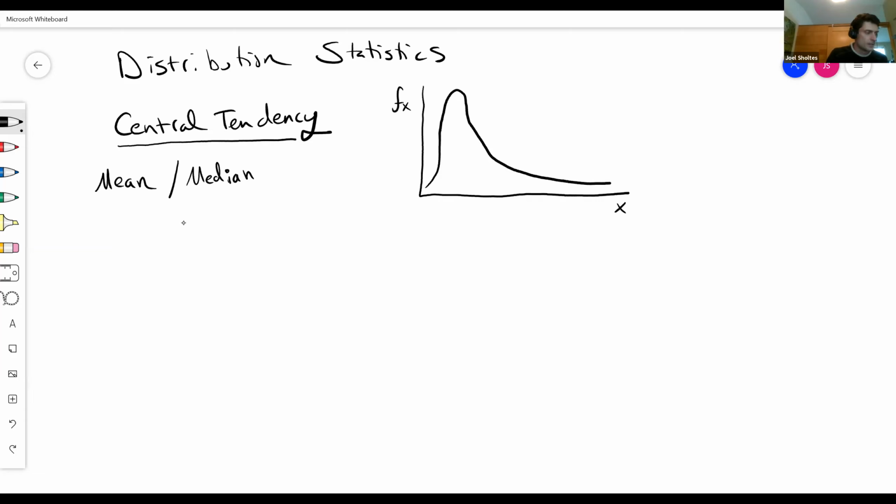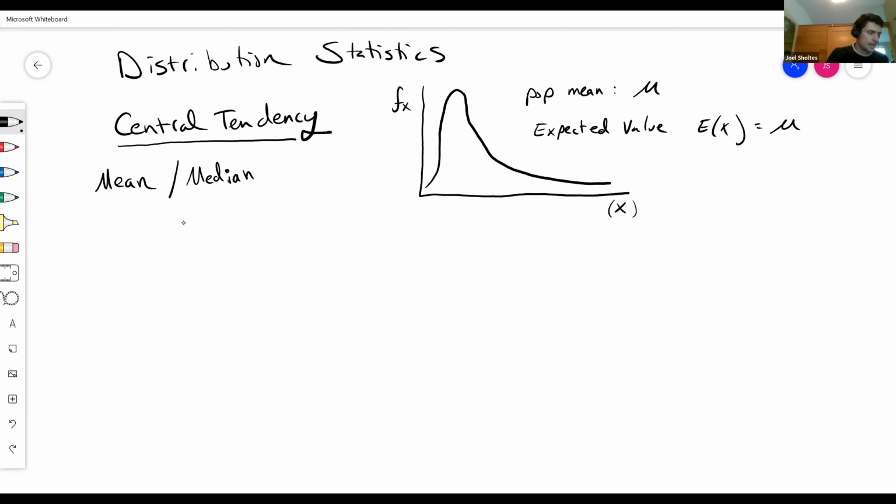For the mean, we'll describe the mean of a population. Remember that was mu, which is also known as the expected value. So the expected value of X, our random variable, is mu.